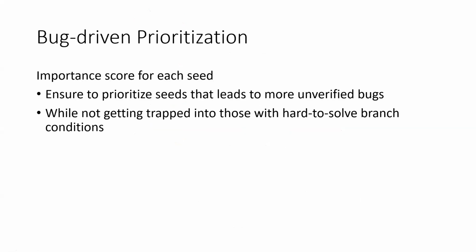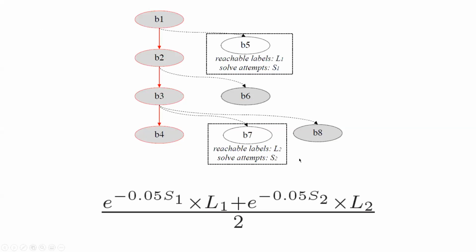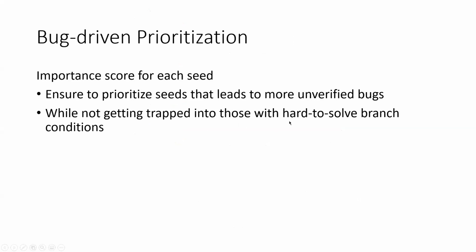So basically this score can help to prioritize the seeds that lead to more unverified bugs, and at the same time, because of the solve attempts, it does not get trapped with seeds that have hard-to-solve branch conditions.